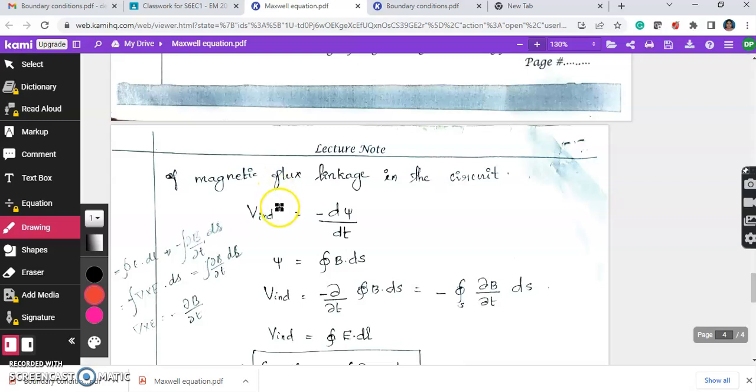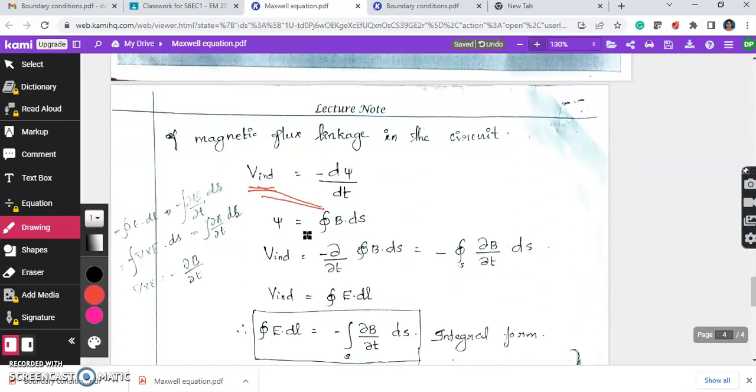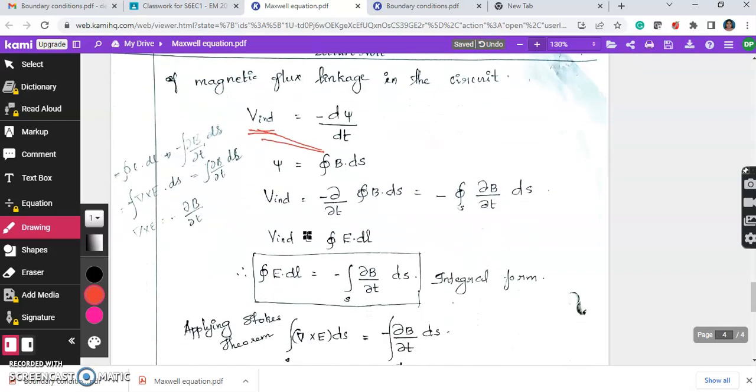So if V induced is the induced EMF, and psi is the magnetic flux, then according to Faraday's law, V induced is equal to minus d psi by dt. And we know that psi is equal to surface integral B dot ds.